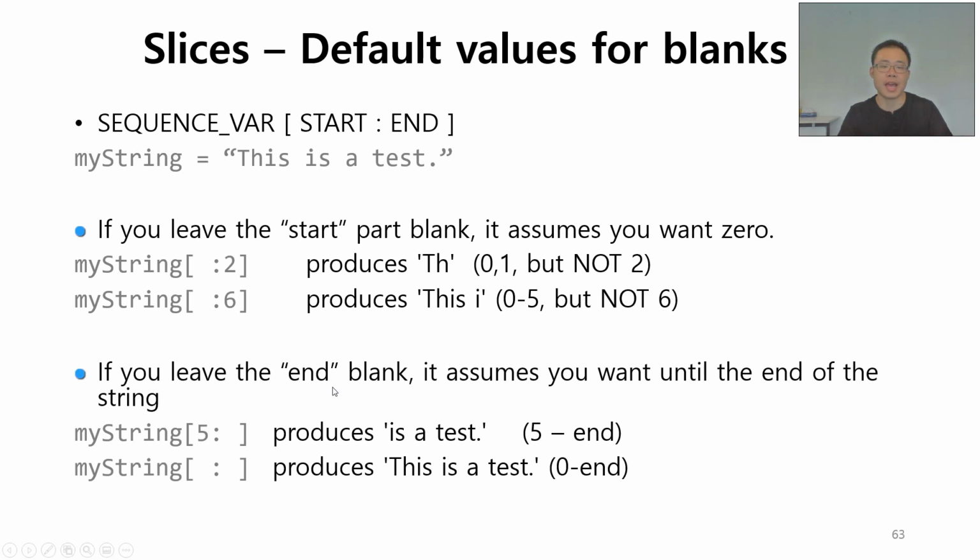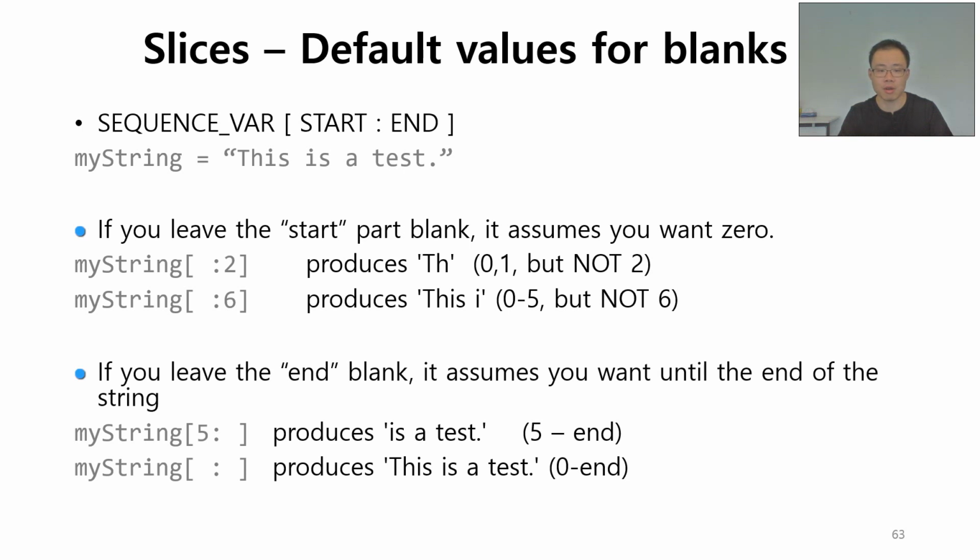If you leave the end blank, it assumes that you want until the end of the string. Remember that if you put -1 here, it will end at the -1 position, so it should stop at the second last letter.